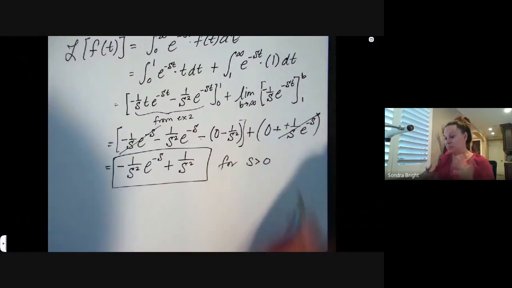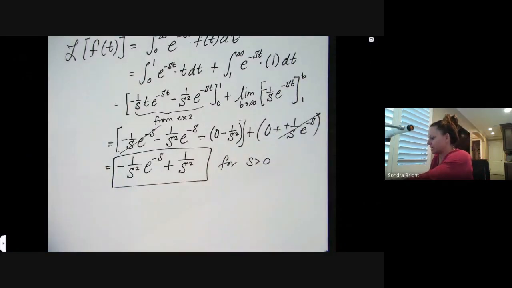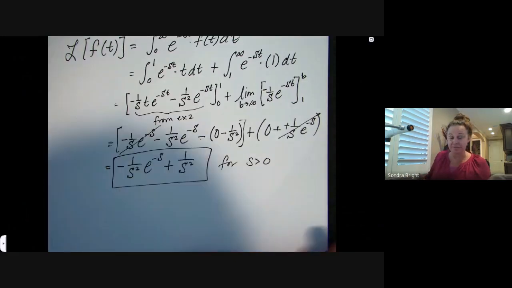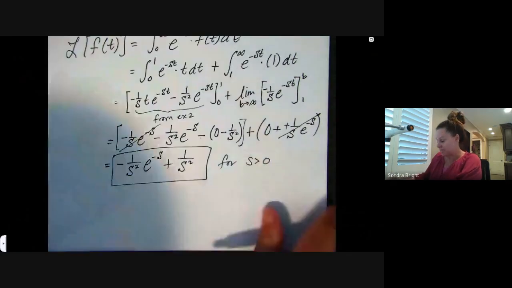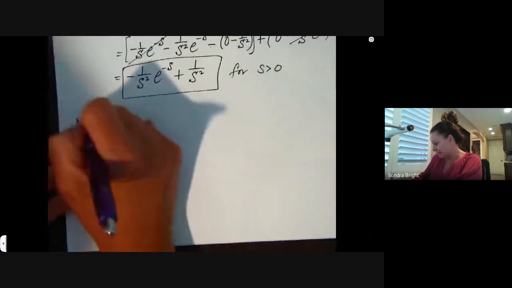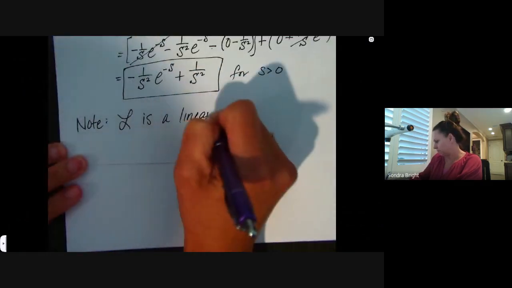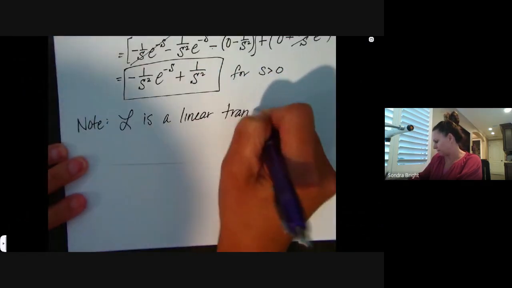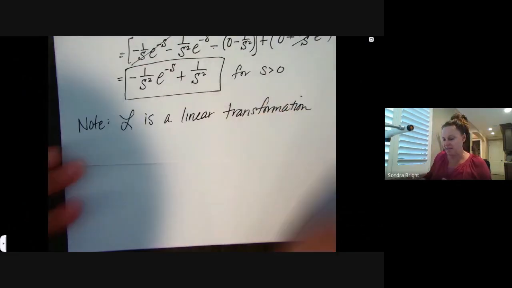All right, so that's just practicing with the whole definition of the Laplace transform. I made a slip there, but that's okay, because actually the Laplace transform is a linear transformation. Do you remember what that meant?